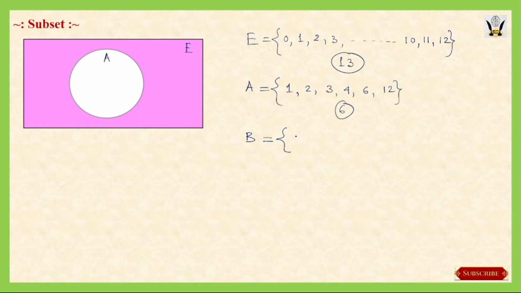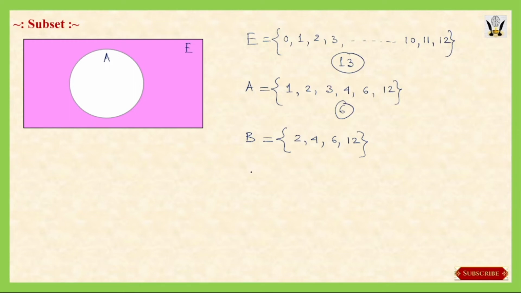So set B will have 2, 4, 6 and 12. So can't we say that set A has all the elements of B, and along with that it has two more elements? So set B here is a subset of set A.